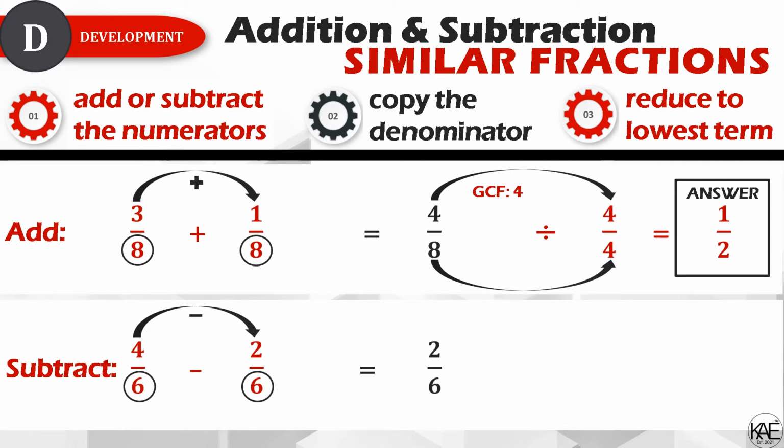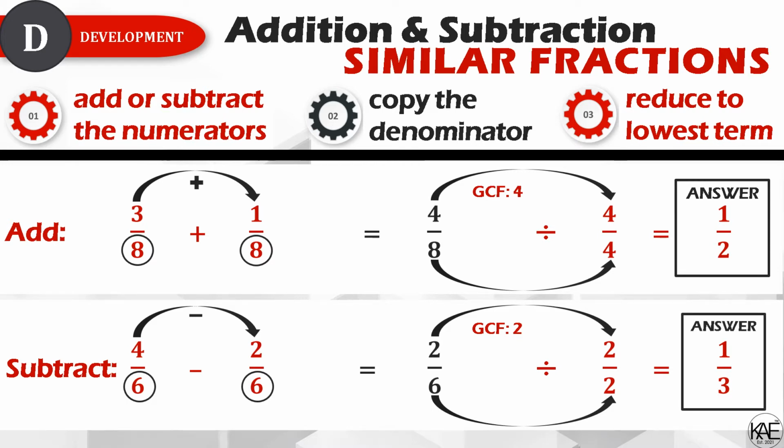Since they have a greatest common factor, which is 2, we can divide them both by 2. That would give us 2 divided by 2 is equivalent to 1, and 6 divided by 2 is equivalent to 3. Therefore, 4/6 minus 2/6 is equivalent to 1/3.